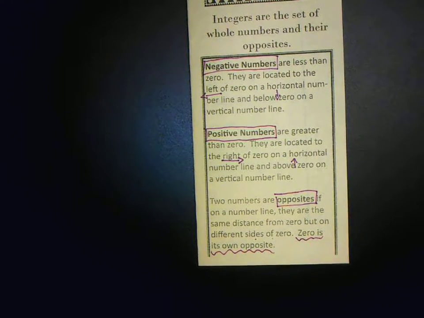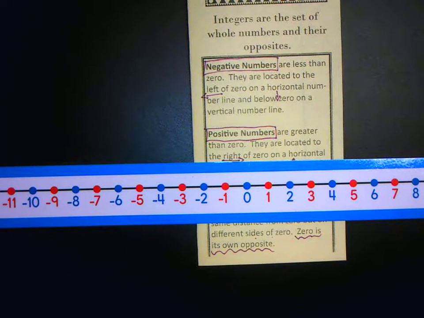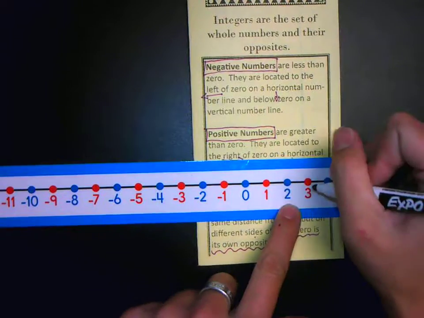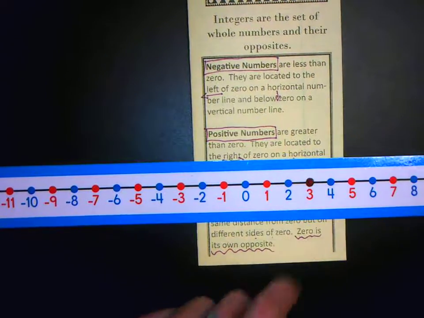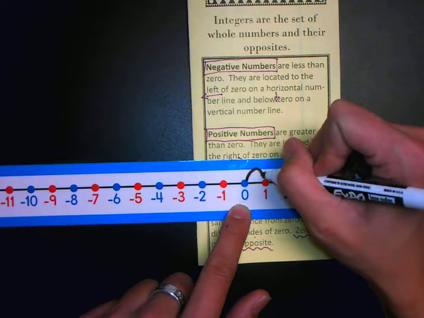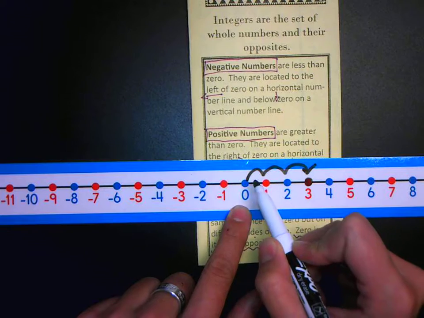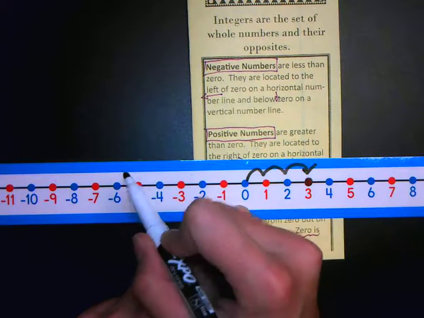I'll briefly say, if we look at our number line here, let's say we have the number 3. From 0, 3 is how many spaces? 1, 2, 3. So its opposite is the same distance from 0 but on the other side of 0.